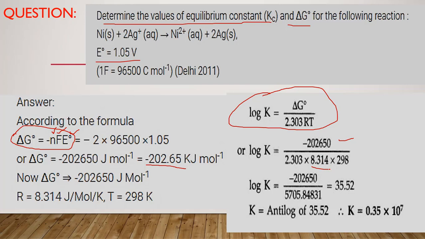See, R value sometimes students will confuse which value we have to take, 0.0821 or 8.314. So whenever the remaining terms are in kilojoules and joules, it is related to work and energy, we have to take 8.314.